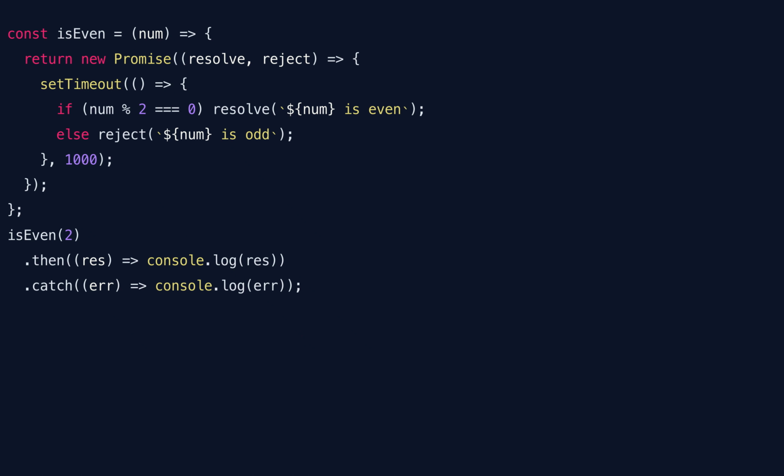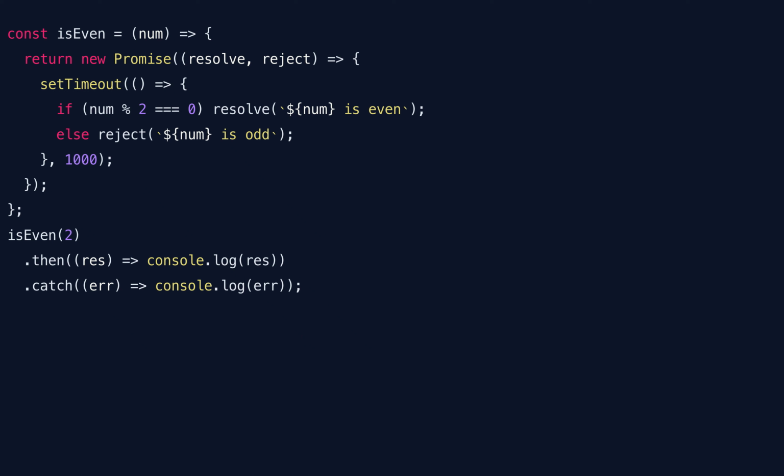Promise object has two important methods, then and catch. We can use these methods to handle the states of promise. The then method will be called when the promise object is in the fulfilled state. It takes a callback function as an argument. The callback function takes the result of the asynchronous operation as an argument. The catch method will be called when the promise object is in the rejected state.